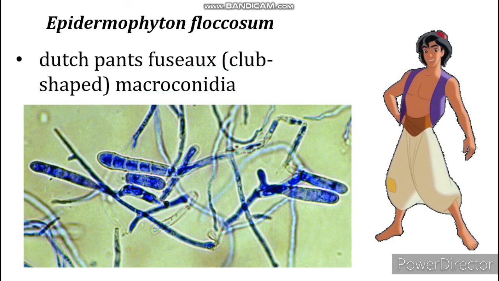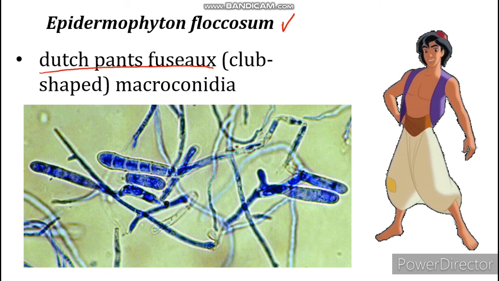And then next, aside from dun sa Trichophyton schoenleinii, si Epidermophyton floccosum, na-discover ko lang din siya nung nagre-review na ako for boards. Your Epidermophyton floccosum has a characteristic of Dutch pants fuse. I don't know. Sorry. Huwag niyo kabash.